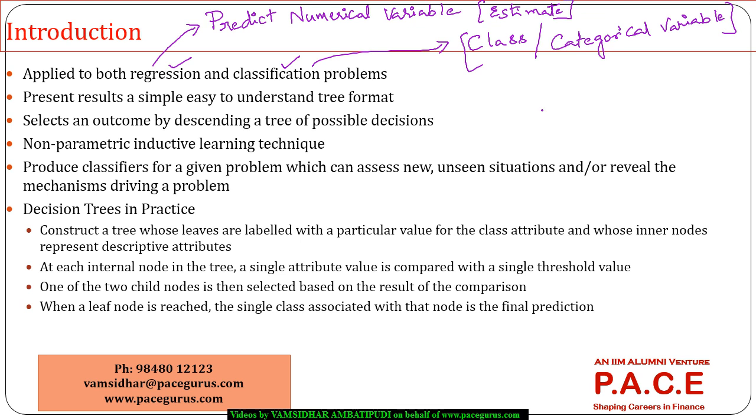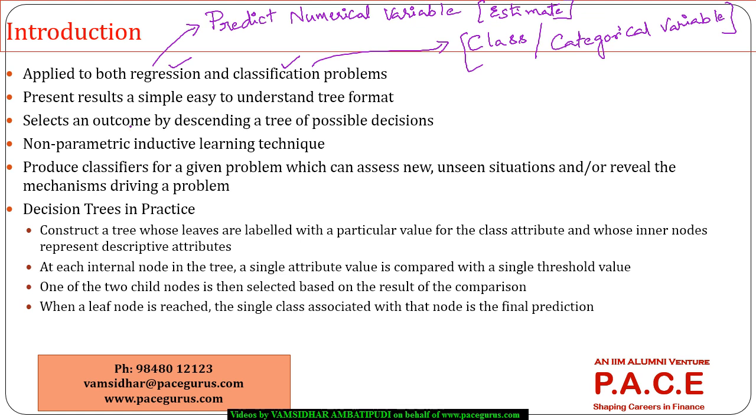So in those cases, we are calling them as classification problem. Whereas when my intention is to predict a numerical variable, I want to predict the price of a particular product, then it is a regression problem. Now the decision tree approach can very well be used both to regression problem as well as classification problem.